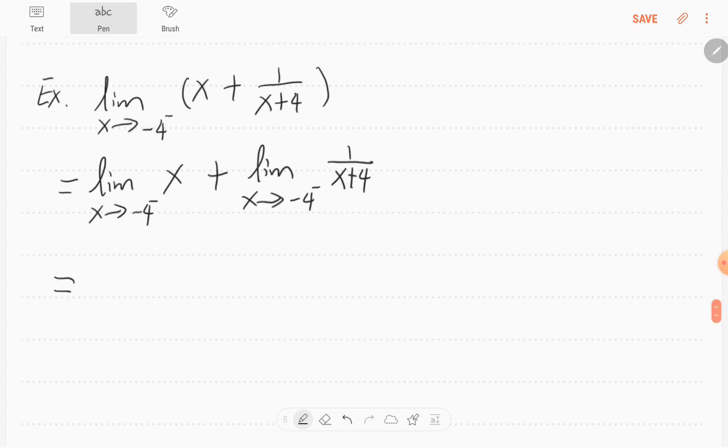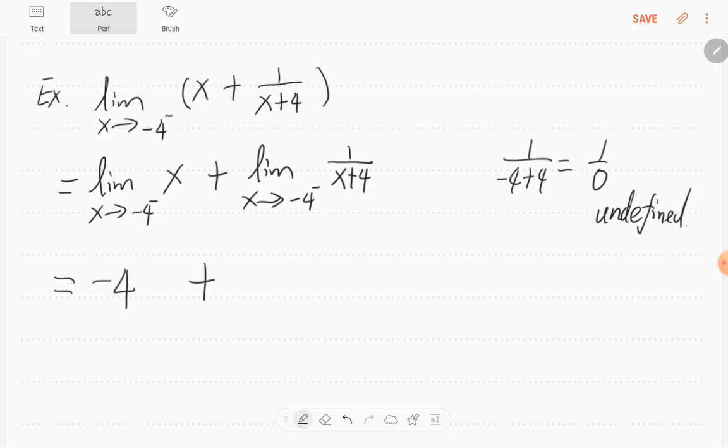For the first limit, you can plug in negative 4. So it's negative 4. Plus, for the second one, you cannot plug in negative 4. If you plug in negative 4, it would be 1 over negative 4 plus 4, which is 1 over 0. This is undefined.